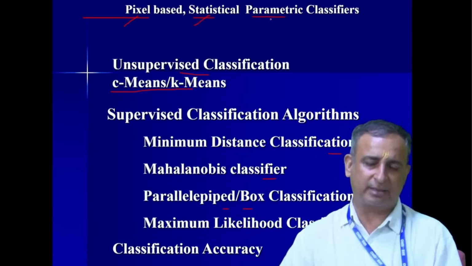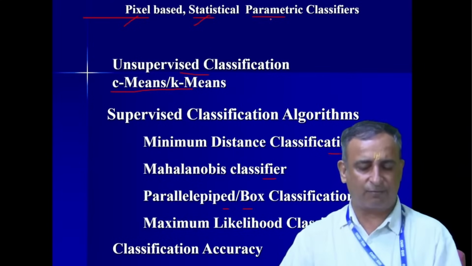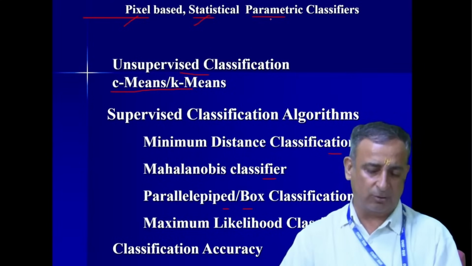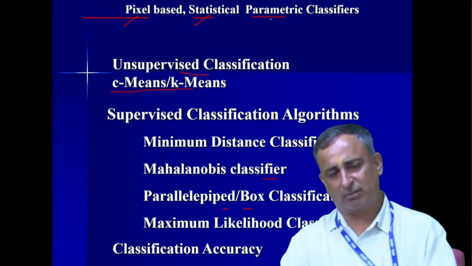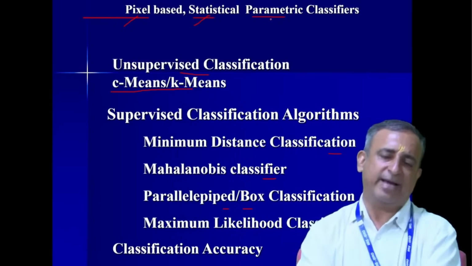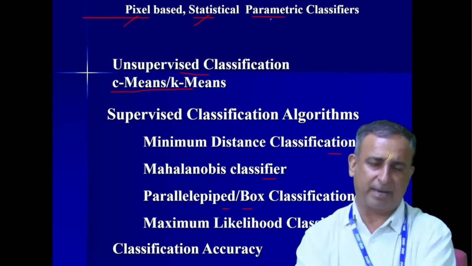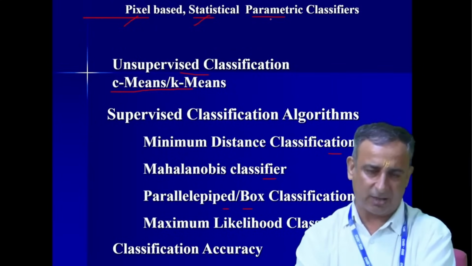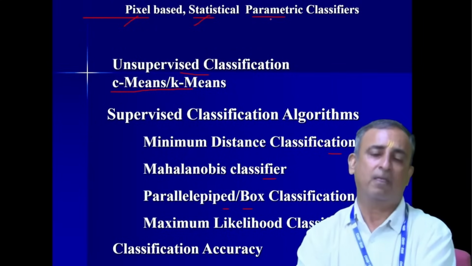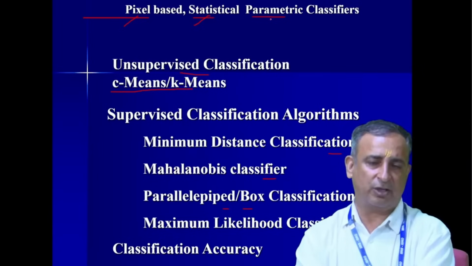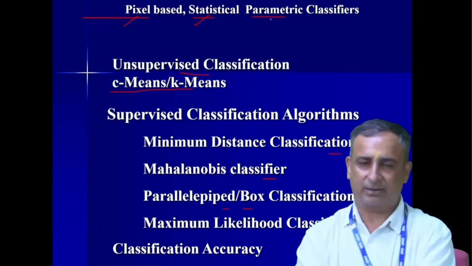One is the minimum distance algorithm, second is the Mahalanobis classifier, third is the parallelepiped or box classifier, and fourth is the maximum likelihood classifier. Out of these 4 algorithms, those using the variance covariance matrix parameter require that your data follows the normal distribution on each band. Otherwise, these algorithms which use the variance covariance matrix will not give you good results.